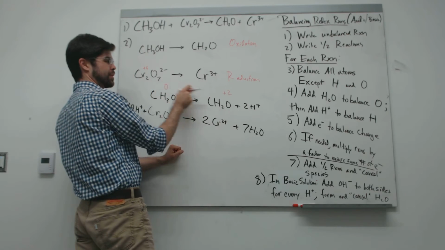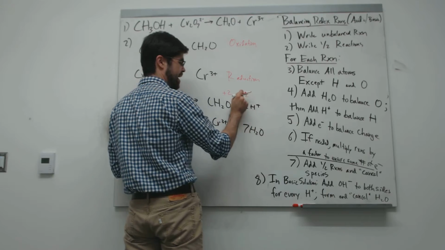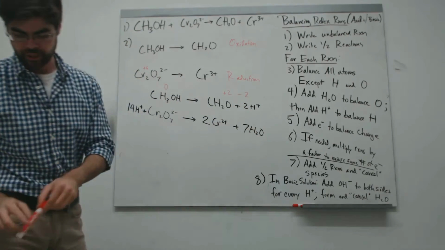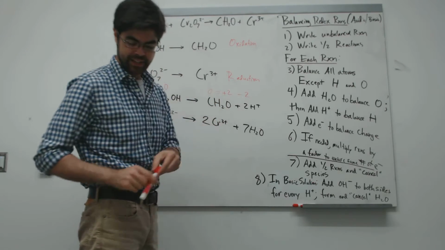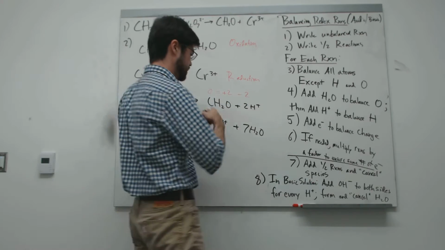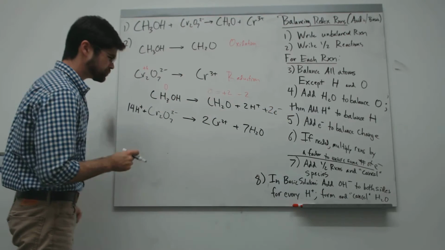The only way I can make 0 equal +2 by adding electrons is if I add 2 negative charges. And then that would get me to a net charge of 0. So that means I need to add 2 electrons to this side of this equation.